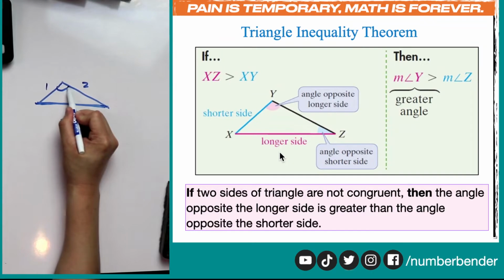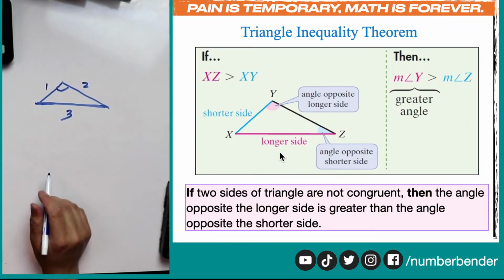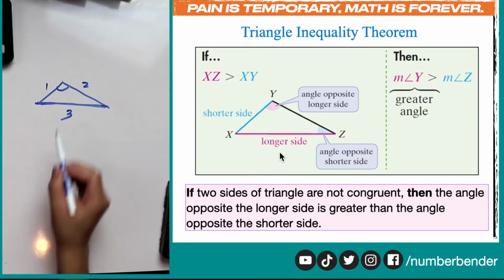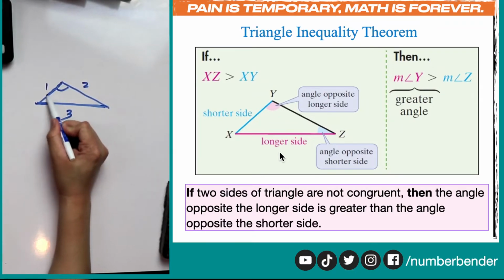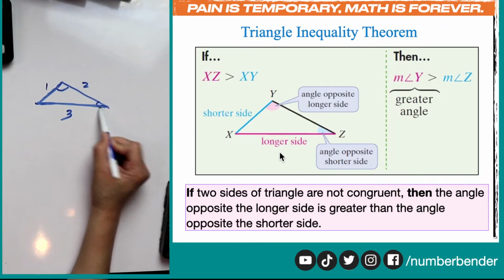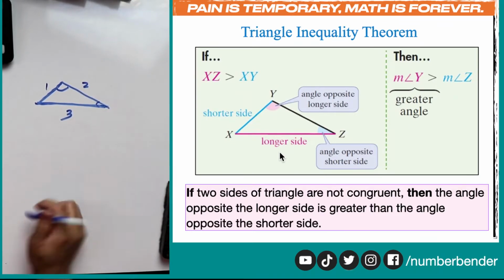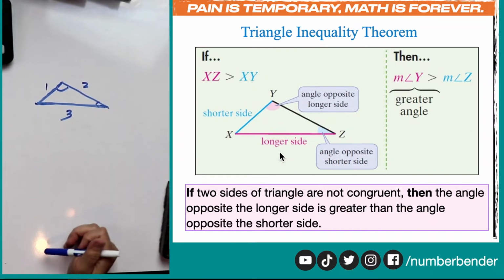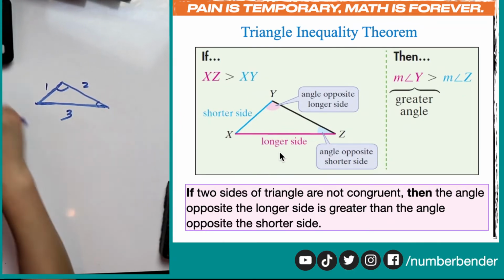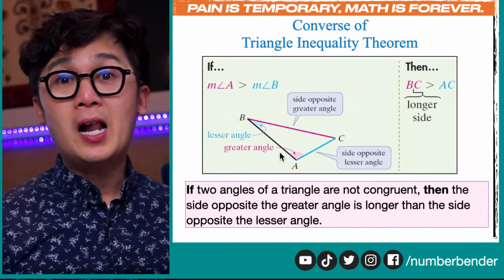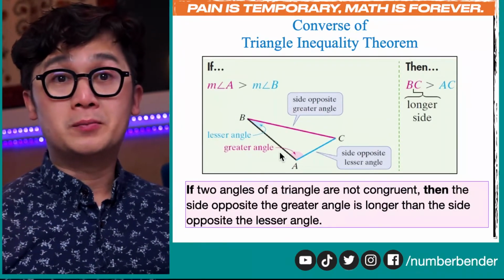The biggest angle will be this angle because of this triangle inequality theorem. And the shortest side, which is side 1, its opposite angle right here would be the smallest angle among the three angles that we are seeing. So that's basically what this theorem is telling us, which will help us in answering problems in a little while.